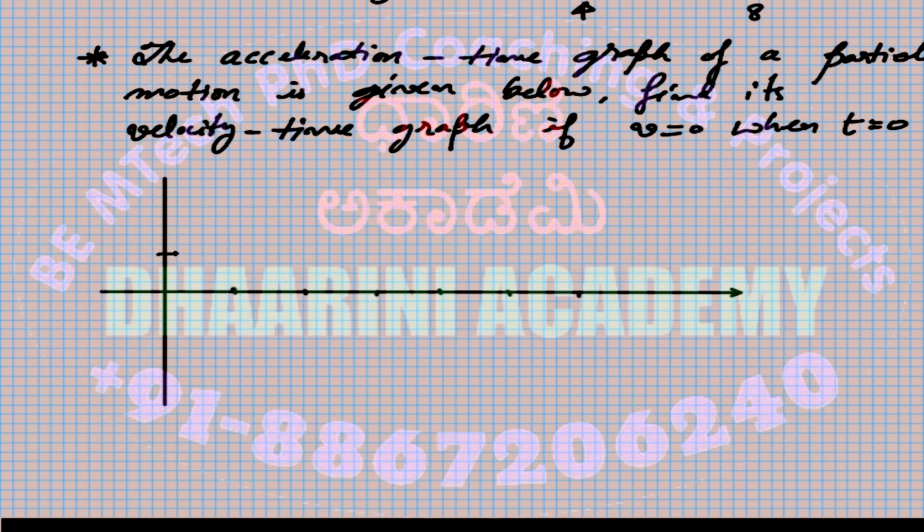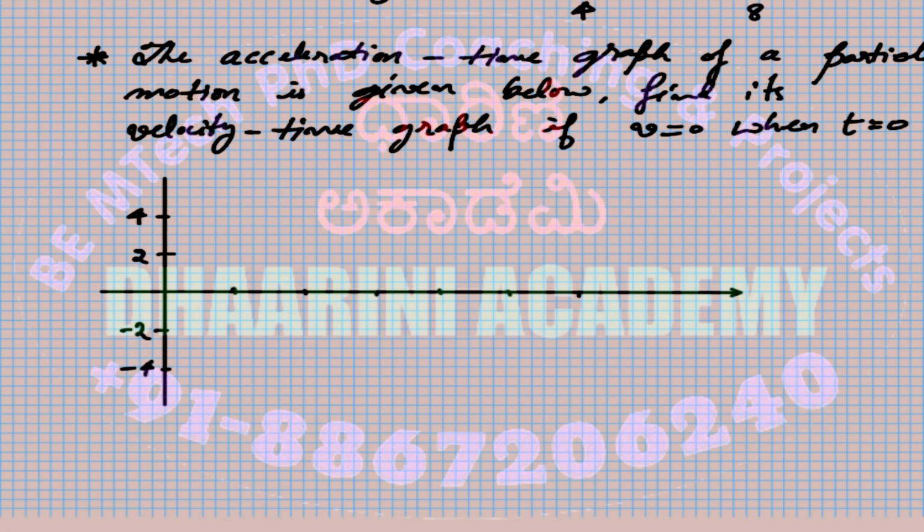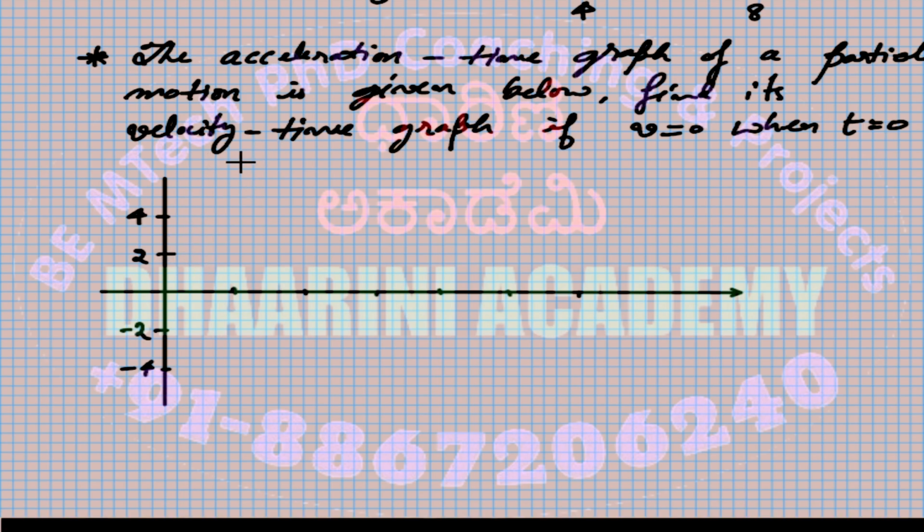Vertically we have 2, 4, minus 2, minus 4. Initially the acceleration starts at 2 and goes till 2.